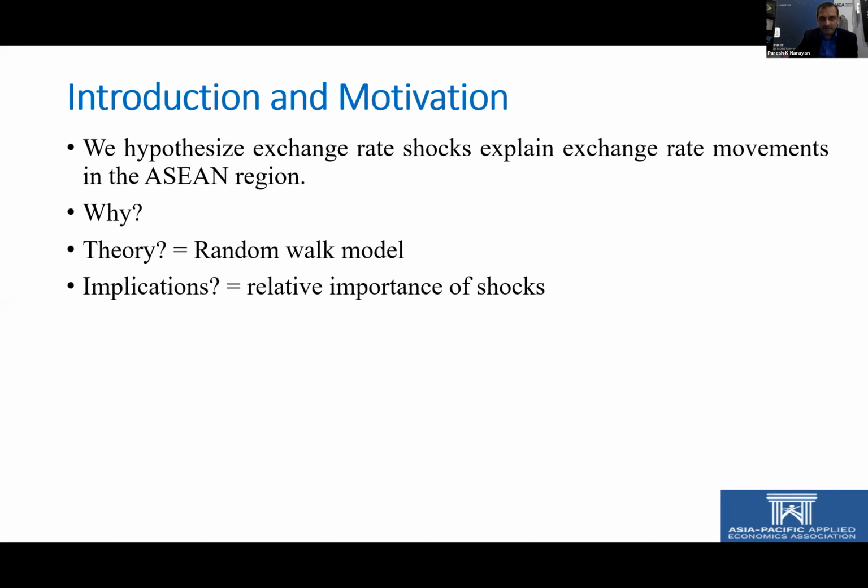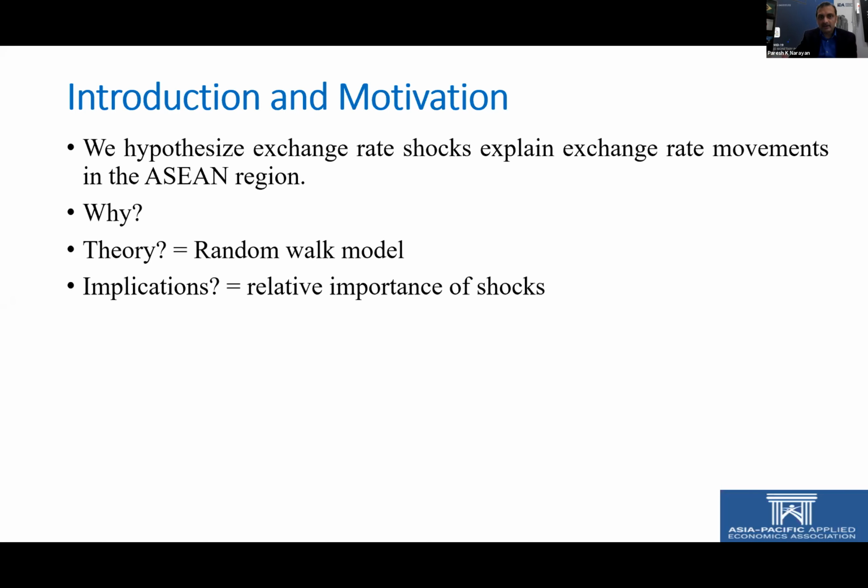What it meant, and that led to controversy, was that there was a very limited role for macroeconomic fundamentals in predicting exchange rates. And what are these fundamentals? These are money supply, output, interest rate. By finding less role for these fundamentals, this created a lot of debate and research around the relative importance of fundamentals versus the random walk model.